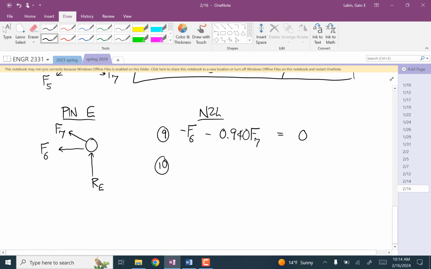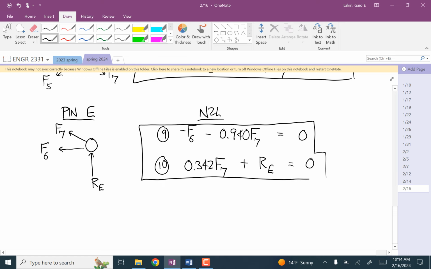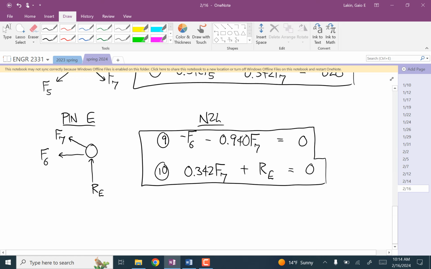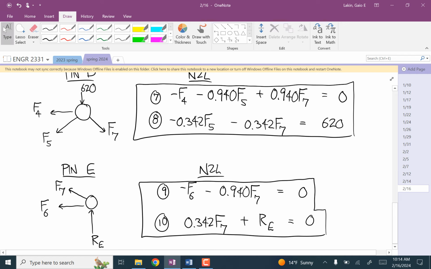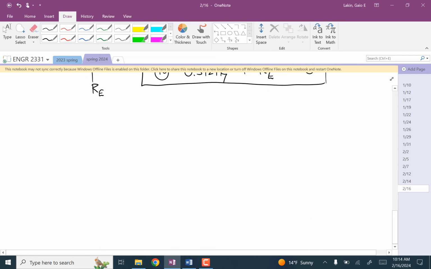And equation 10 says 0.342 F7 plus RE is equal to 0. Okay, so now we have 10 equations for 10 variables.